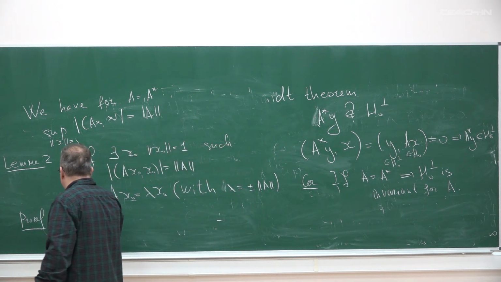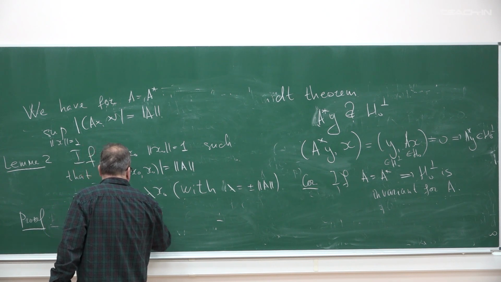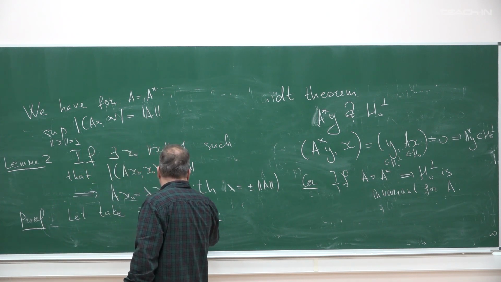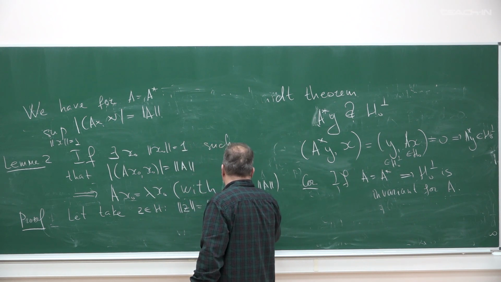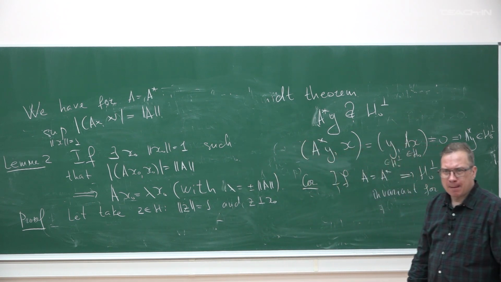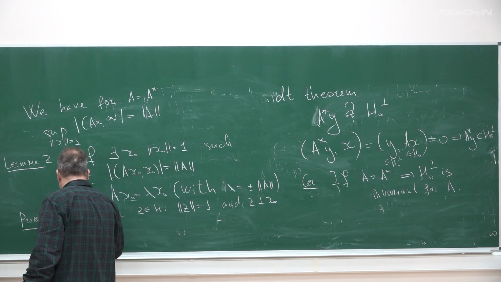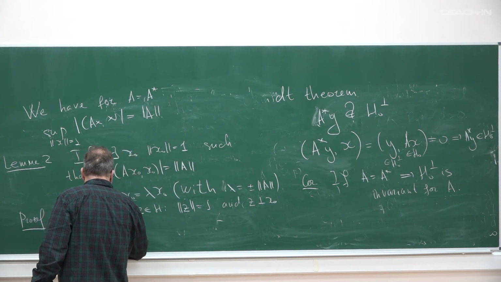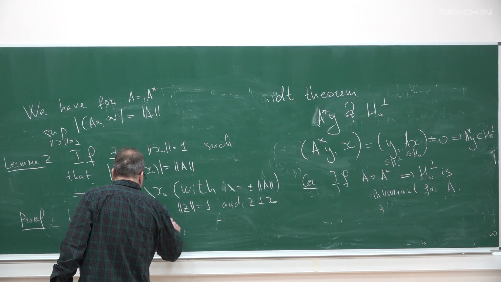So let's take z from H such that the norm of z is 1 and z is orthogonal to x0. And now let's consider a vector which depends on t as x0 cosine t plus z sine t.